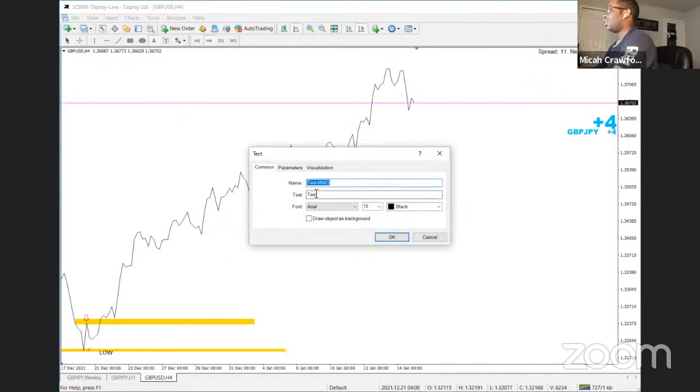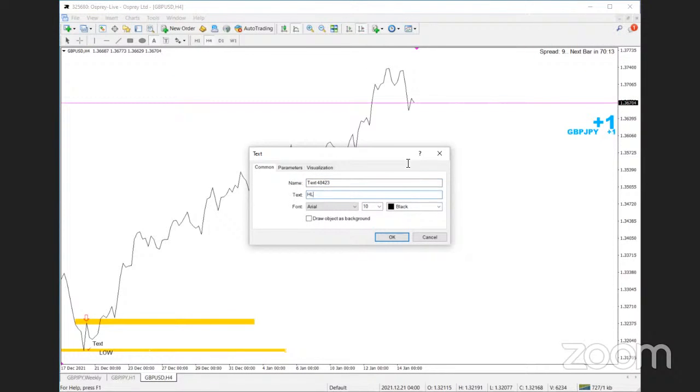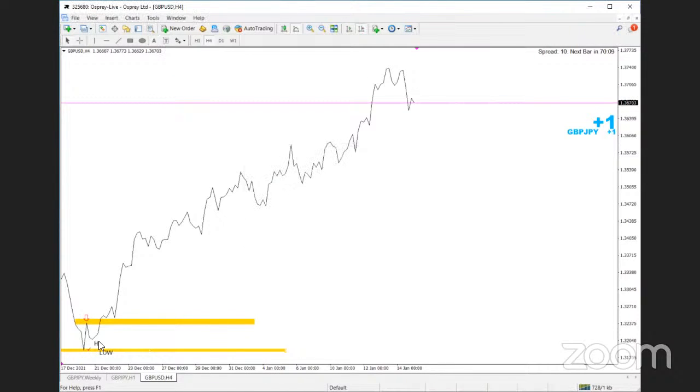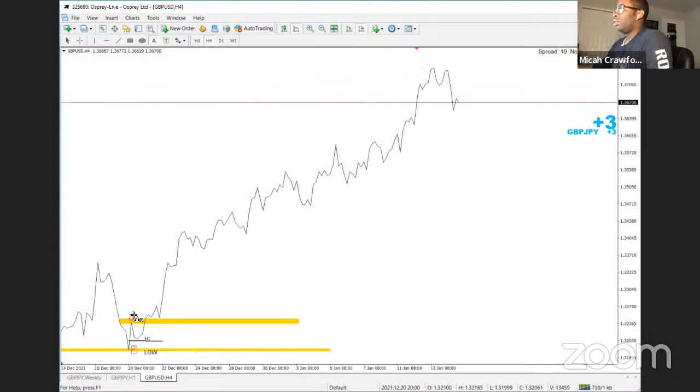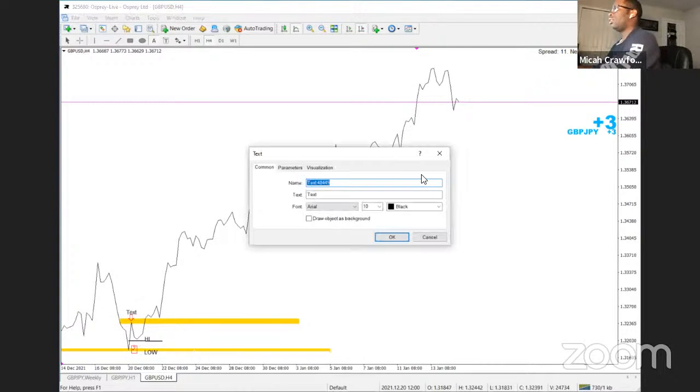We also forgot the higher low that was right here. Now, this is our last lower high.